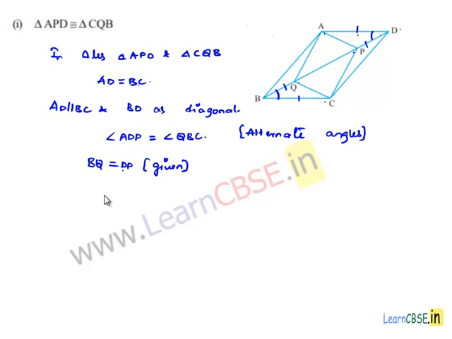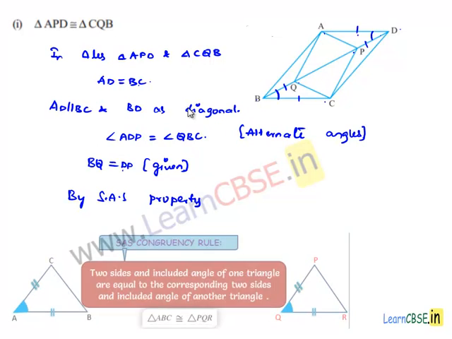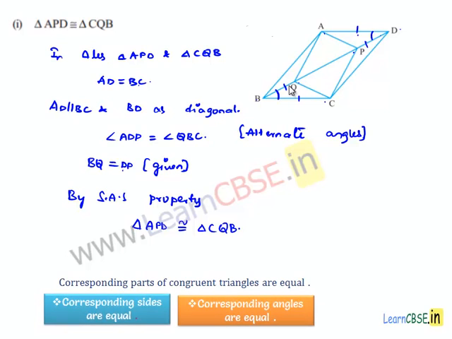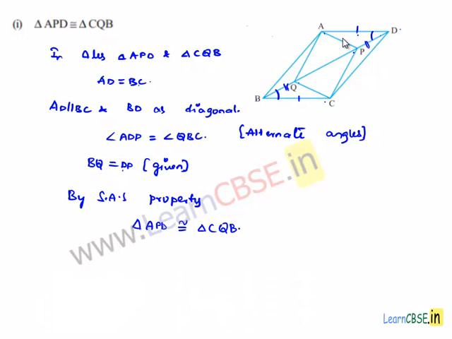So we can say by SAS property, both the triangles are congruent, that is triangle APD is congruent to triangle CQB. We know that when two triangles are congruent, then the corresponding sides and corresponding angles can be equated. So here the corresponding sides AP can be equated to QC. This is what our second subpart of proof required.